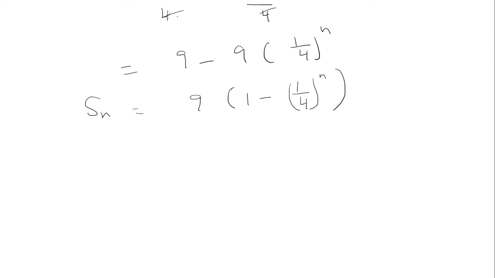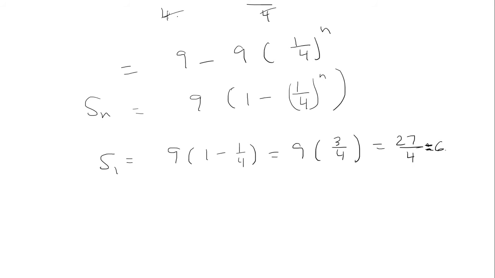Now we want to graph this. When n is 1, you get 9 times 1 minus 1/4, so it's 9 times 3/4, which is 27 over 4, exactly 6.25.